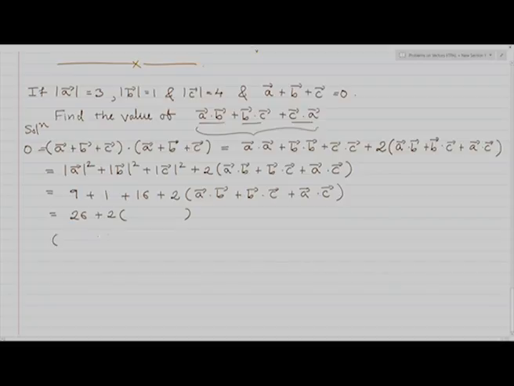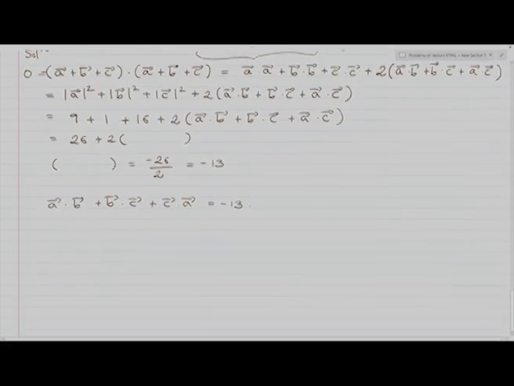So, this bracket is actually equal to minus 26 upon 2, is it not. So, this is equal to minus 13. So, our answer is A bar dot B bar plus B bar dot C bar plus C bar dot A bar is equal to minus 13. This is our answer.